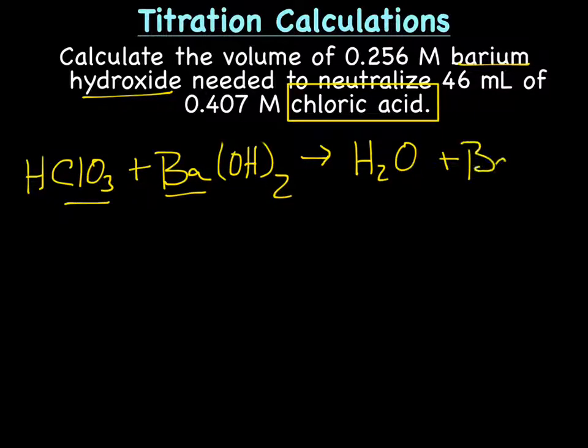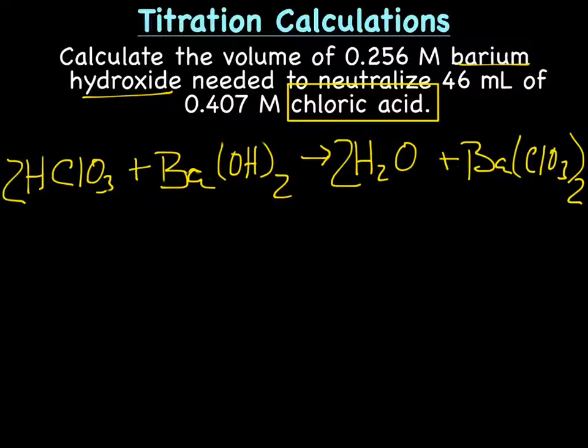So we're going to have Ba²⁺ and ClO₃⁻, 2 of them. All right, so now to balance this, we're going to put a 2 here and a 2 here, and now it's balanced.